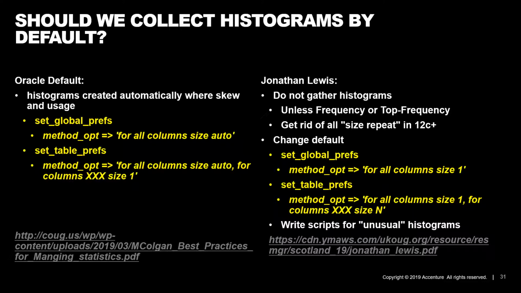I think the one weakness with Jonathan's approach is that he's asking you to change a database default, and you have to then live with that and understand the consequences. Which is the right route? I can't say. It depends.